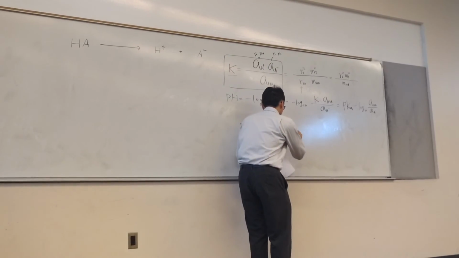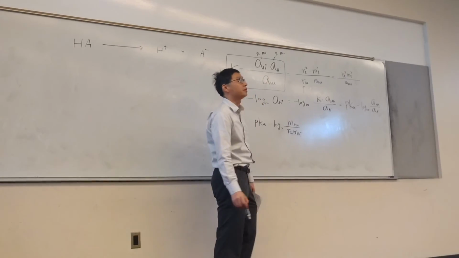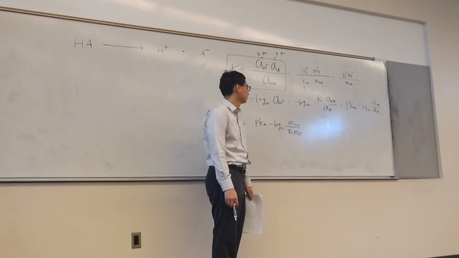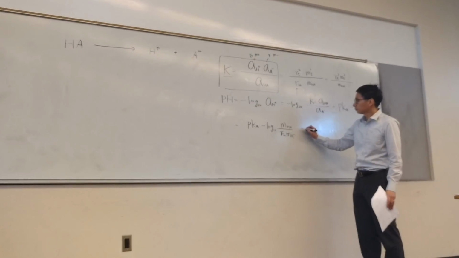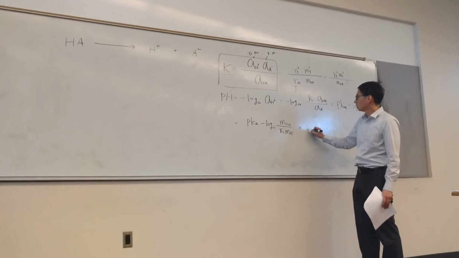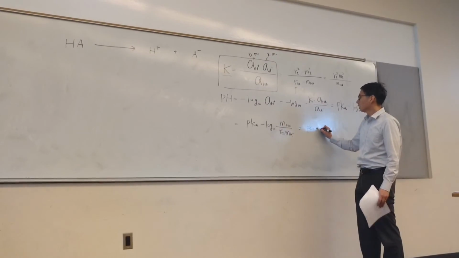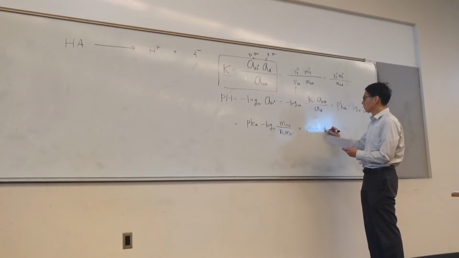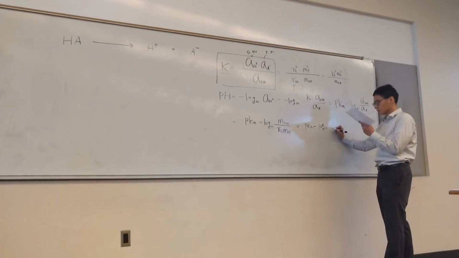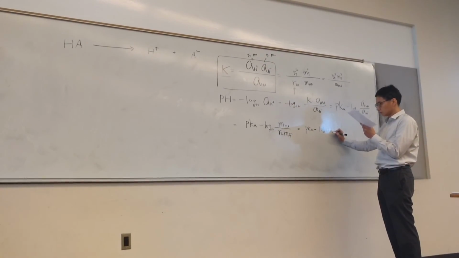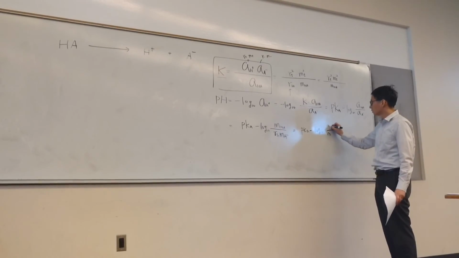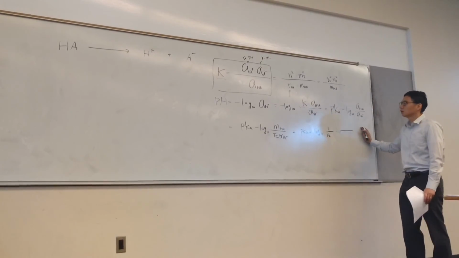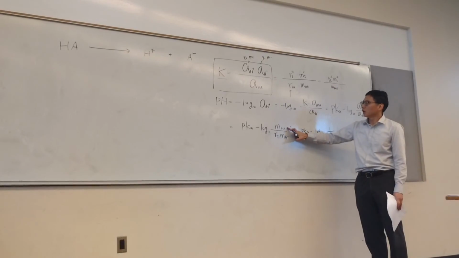So we use gamma plus minus for that. And this is going to equal pKa minus log 10 of M HA over gamma plus minus times M minus.